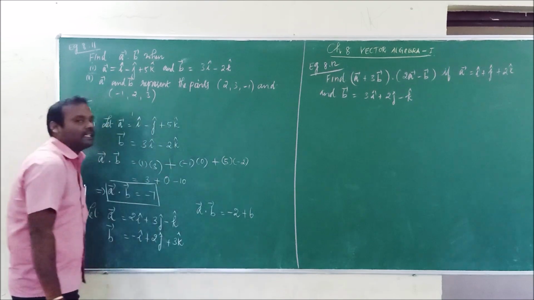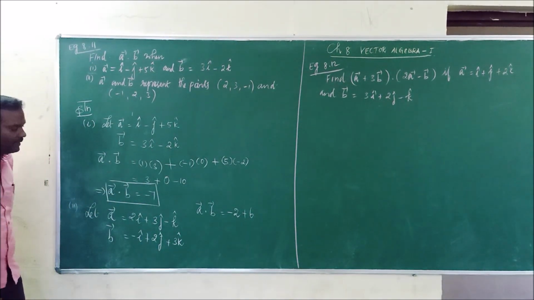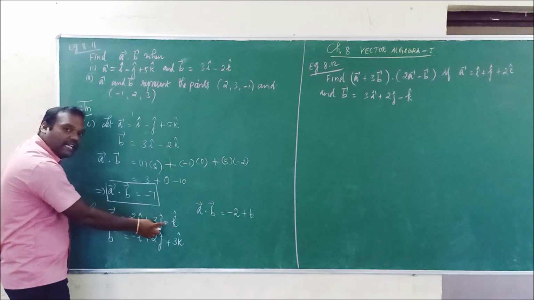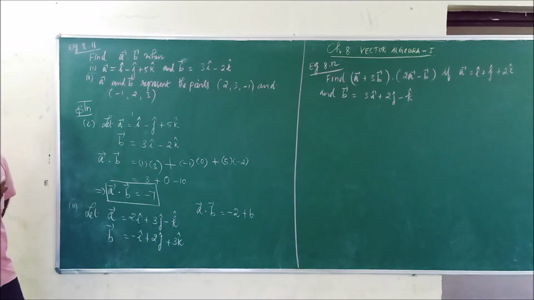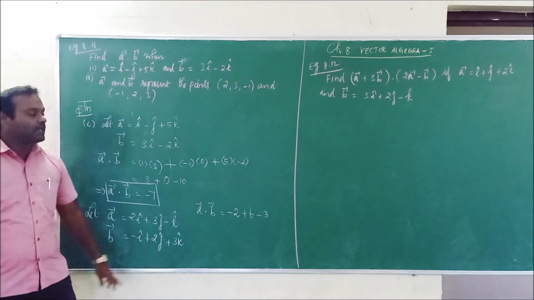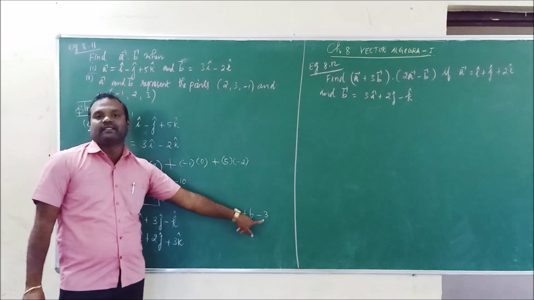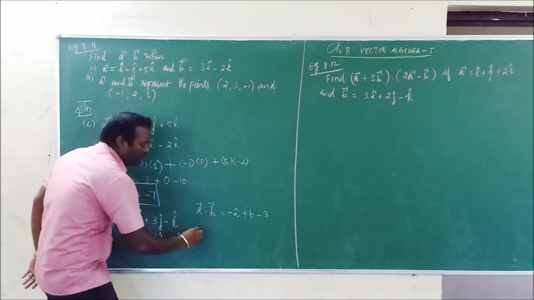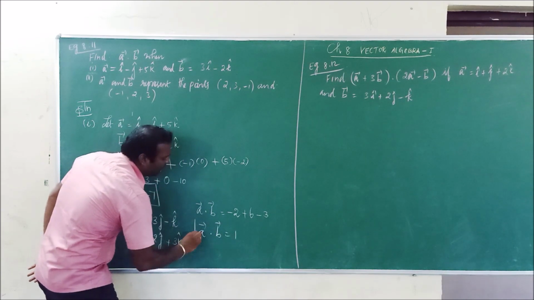If it is plus you put plus, if minus you put the minus sign. Next, here the number is minus 1 and here it is 3, so minus 1 into 3 is minus 3. Now if you add these, 6 minus 2 is 4 and 4 minus 3 is 1. So A vector dot B vector is equal to 1.